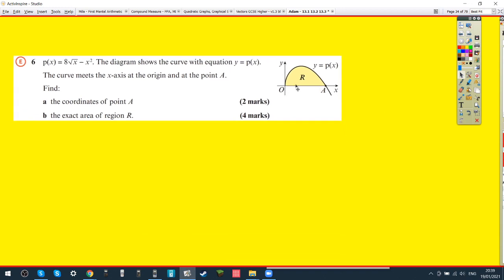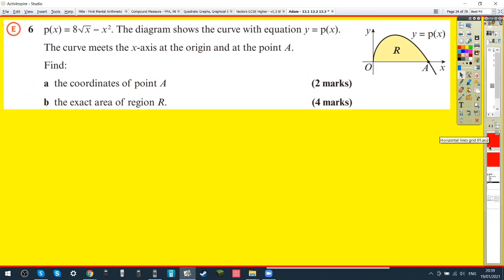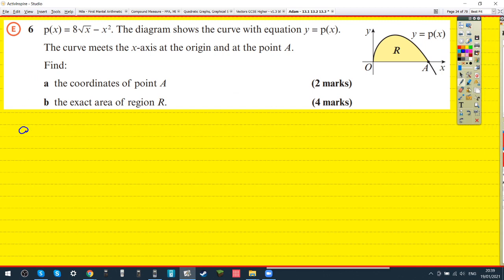The coordinates of A. So you can't solve this one as a quadratic, can you? You have to integrate. Well, you have to solve it somehow.